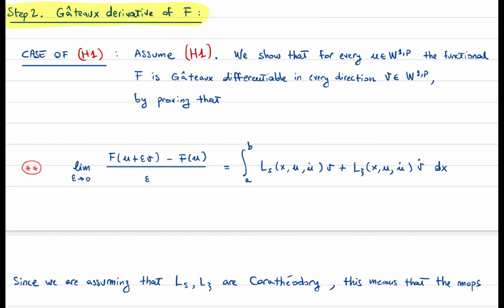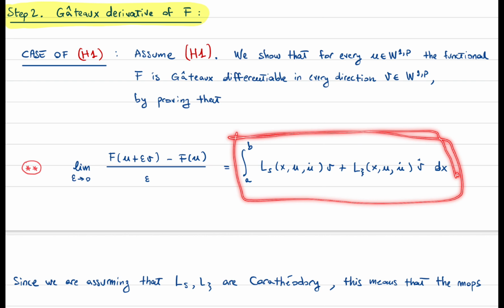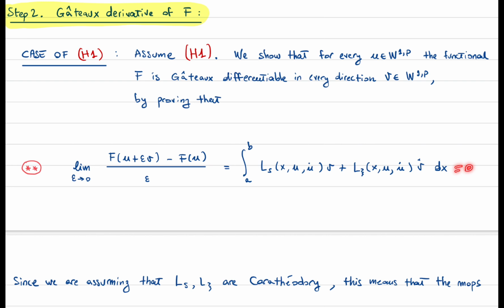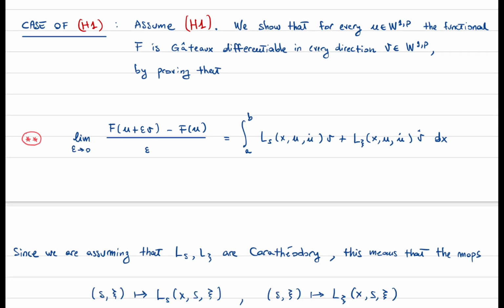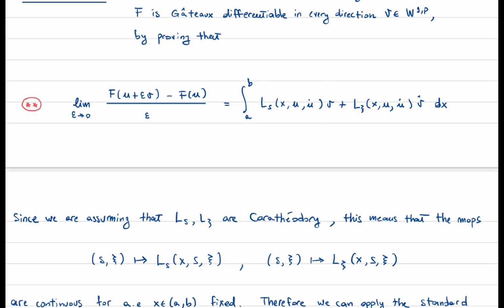And clearly, as you can notice, this is the expression that will be 0 in the Euler-Lagrange equation. So we will have this equal to 0 for every v in an appropriate class, for minimizers, of course. Okay, so we need to show double star.